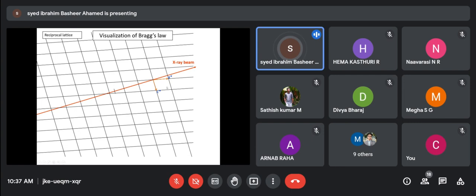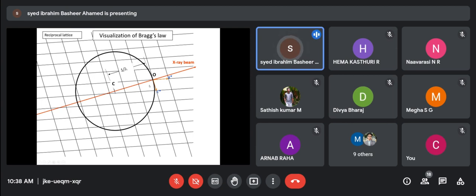Now I am considering this as an origin O. At a distance of 1 by lambda, I am making a mark, called C, and keeping this as the radius, I am making a circle.